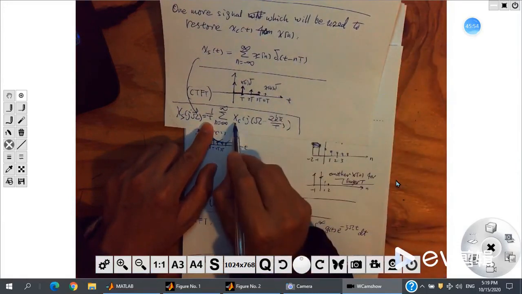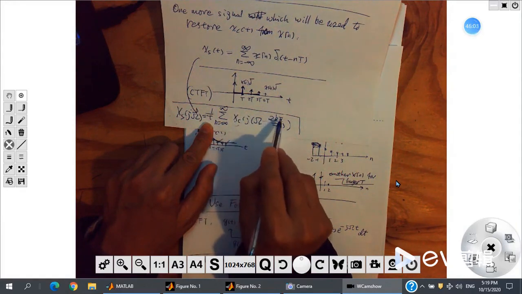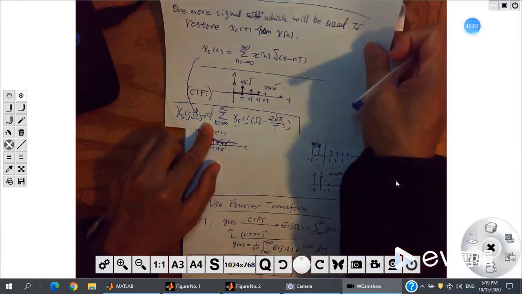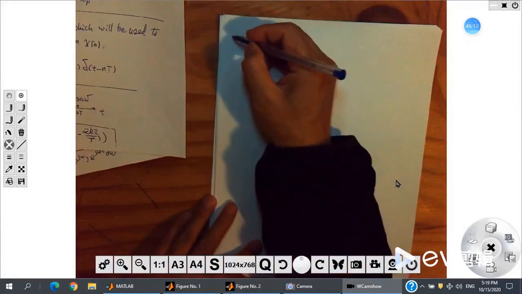This is a summation of some Xc, each Xc shifted by 2k pi over T. So this time the graph will look like this. I still use this one.